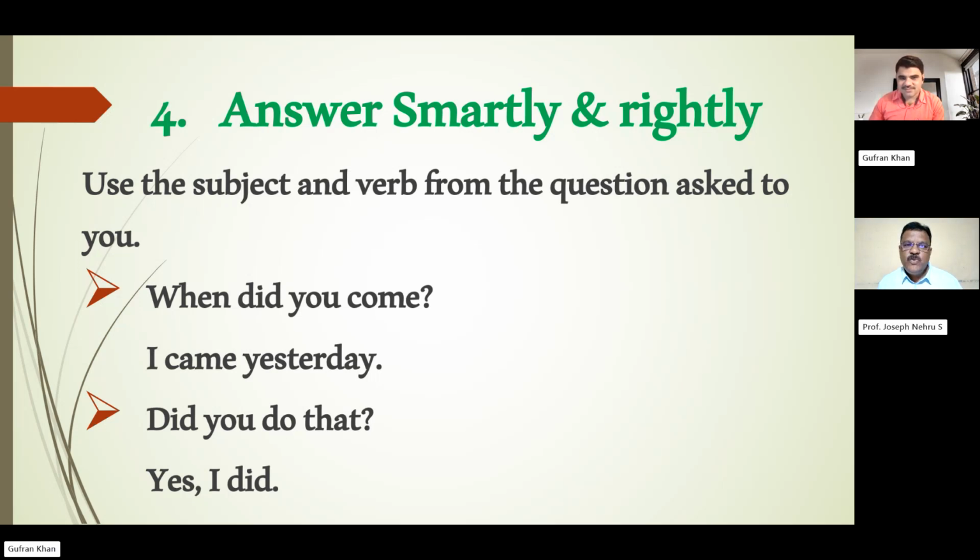Yes, Mr. Gufran, because in questions, we have two types of questions. One type is using WH words like what, when, where, whom, and so on. The other type of question is using a verb in the beginning of your question.